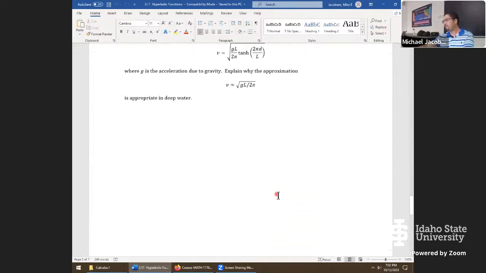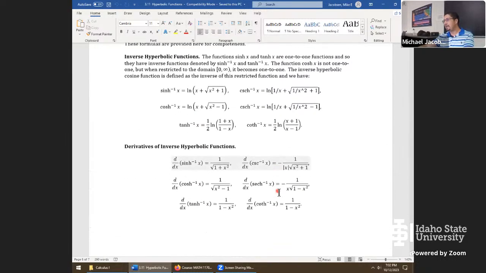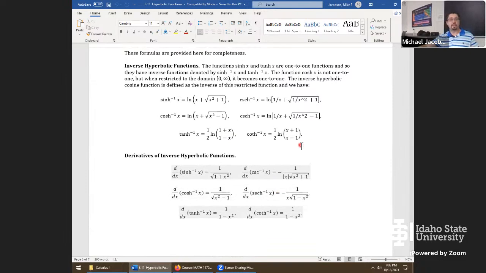If you keep scrolling through, we'll have an application to look at. And this is the optional material right here. It's still in the notes for the sake of completeness. All the hyperbolic functions can be inverted on the right domains, and if you ever needed their derivatives, they're defined down here.